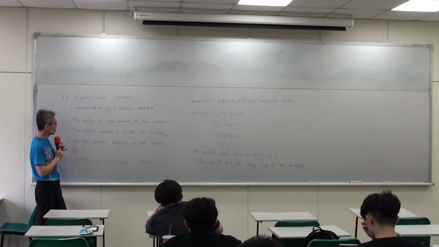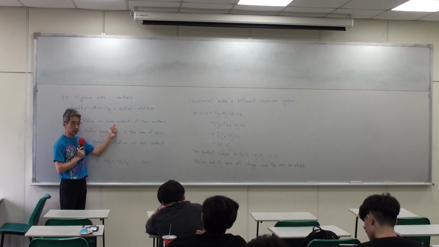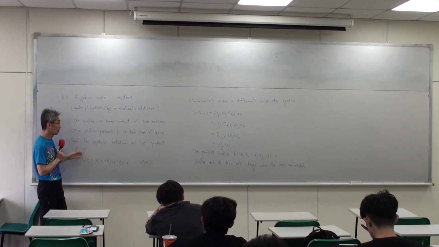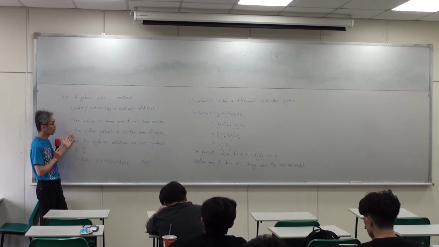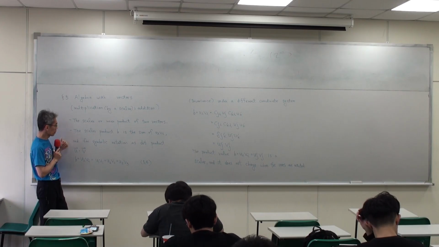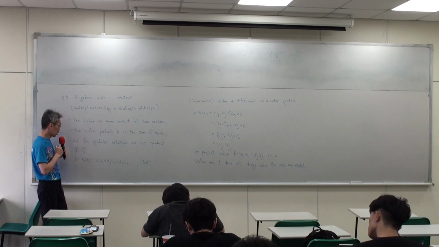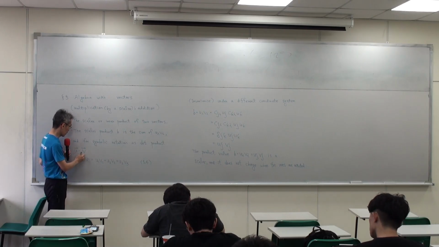Another operation is the inner product of two vectors. Usually it's a dot operation. If we use symbolic notation, it is written like this.